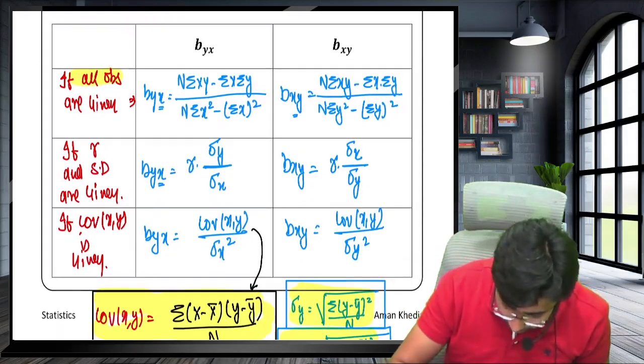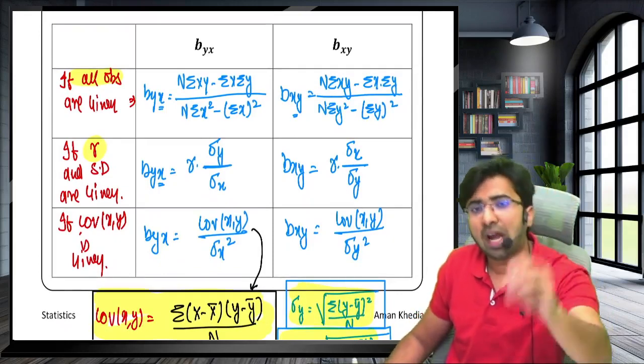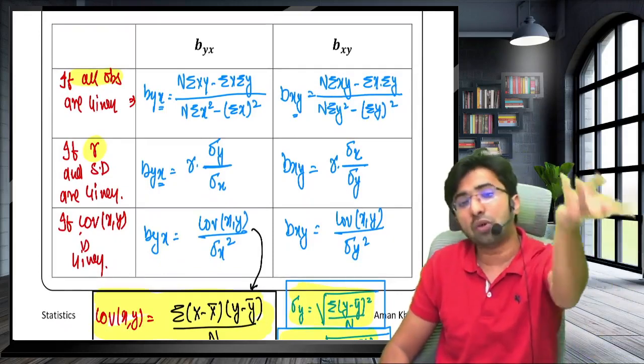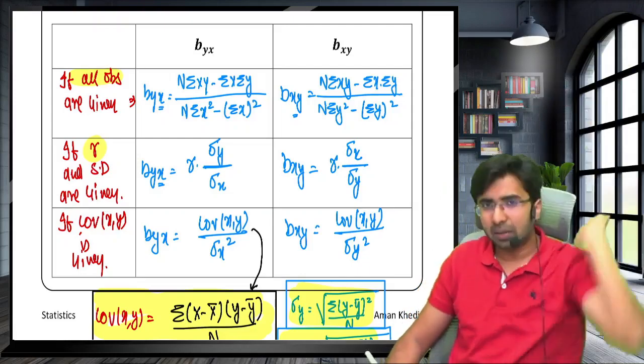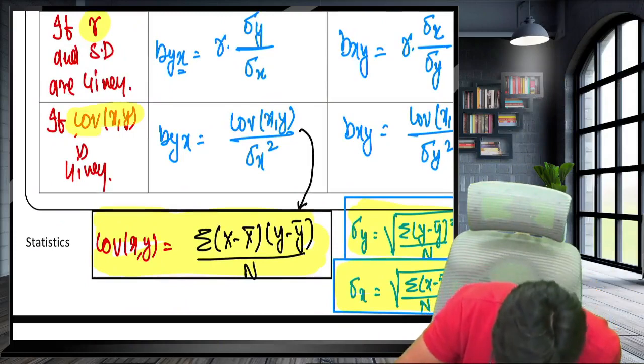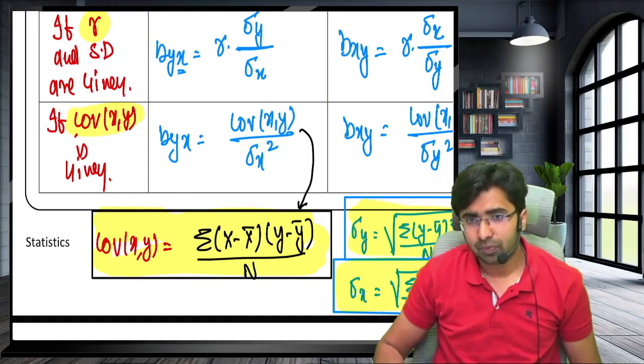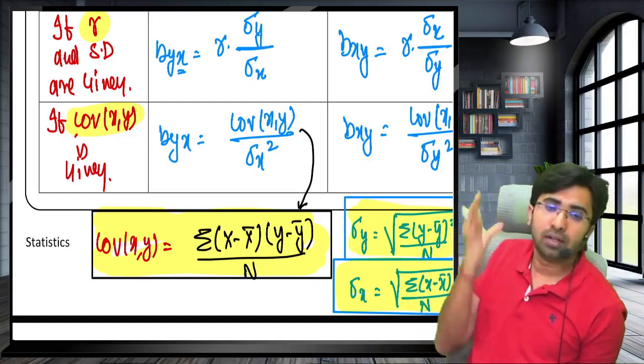Think of formula number 2 when you have r and you can calculate the standard deviation and put it in the formula to get b. But if you have data from where you can calculate the covariance, don't think about any other formula. Just think about the third formula.